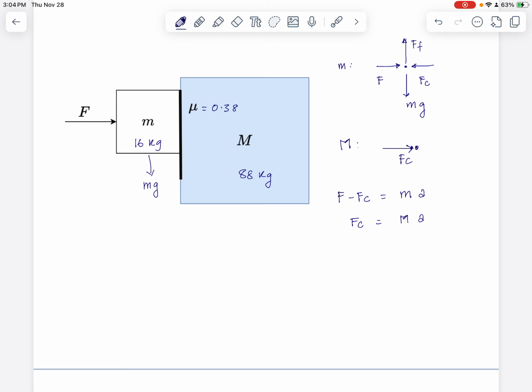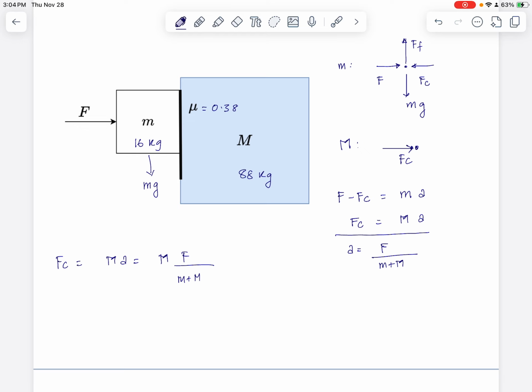If we add the two together, we find that A equals capital F divided by little m plus capital M. So the contact force equals M times A, which is M times capital F divided by little m plus capital M. That's the contact force.